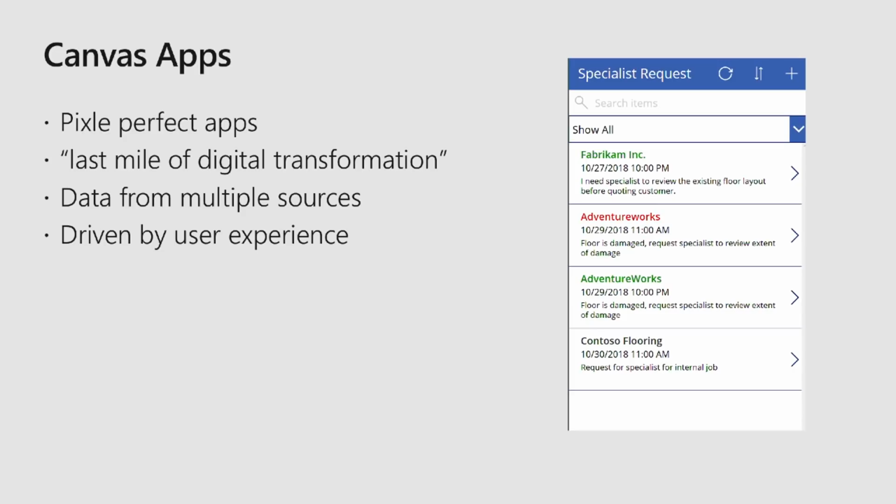But despite that, there are all these InfoPath forms and paper forms and spreadsheets and Access databases floating around that are still fairly manual processes. So a canvas app is ideal for digitally transforming those miscellaneous pieces.